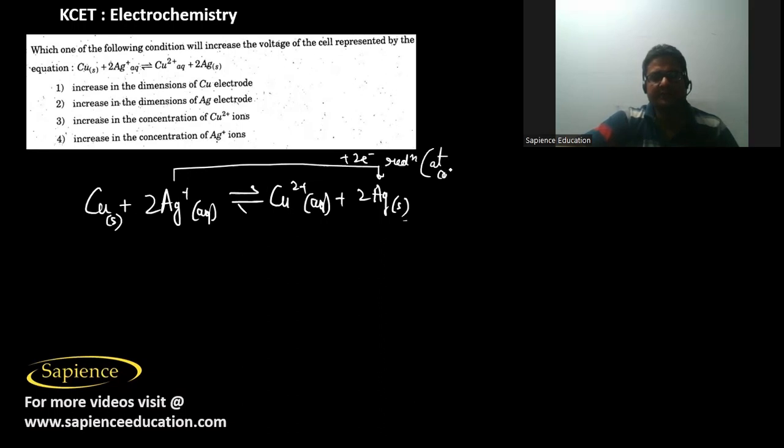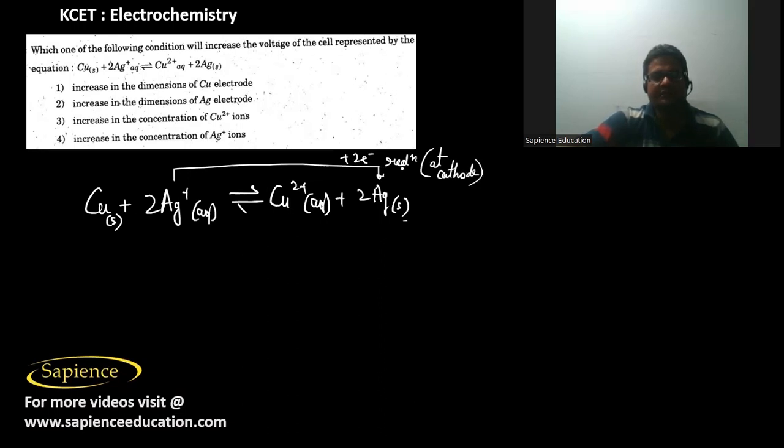Then it is asked which one of the following conditions will increase the voltage of the cell represented by this equation. Copper solid reacts with Ag plus aqueous to form Cu2 plus and 2 Ag solid. Silver is gaining 2 electrons, so reduction happens at the cathode.